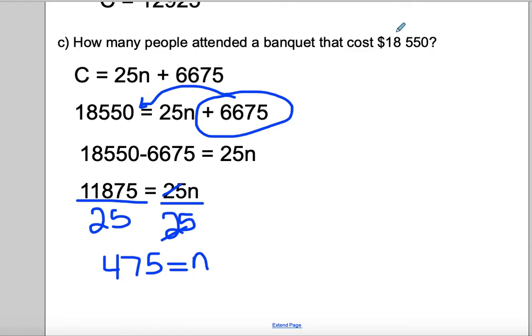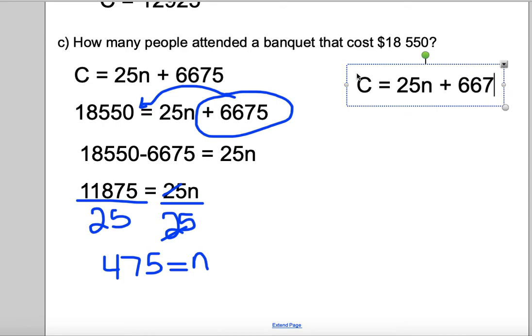If you want to rearrange before you solve, I'll show you how to do that. I'm not going to go through all the steps because you can see the steps, but if we're starting with our initial equation of cost is equal to $25 per person plus the flat fee of 6,675, and we want to isolate for n, we're going to send this 6,675 to the other side of the equation.